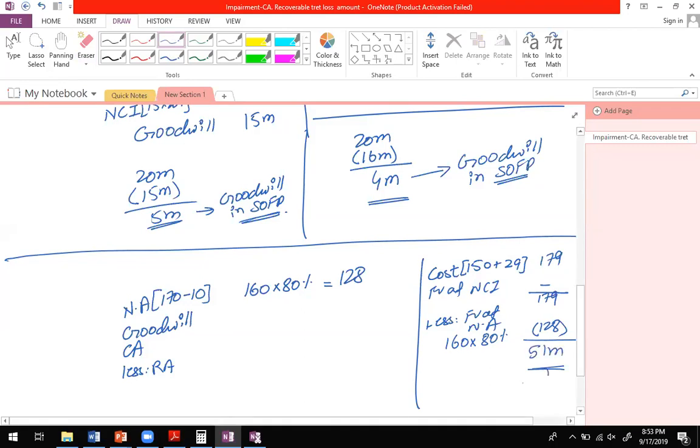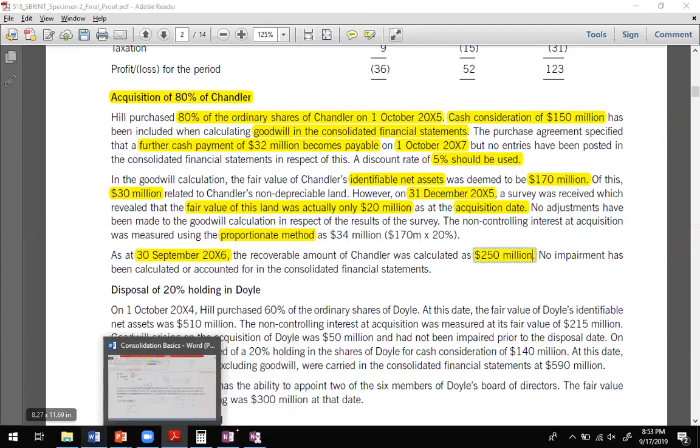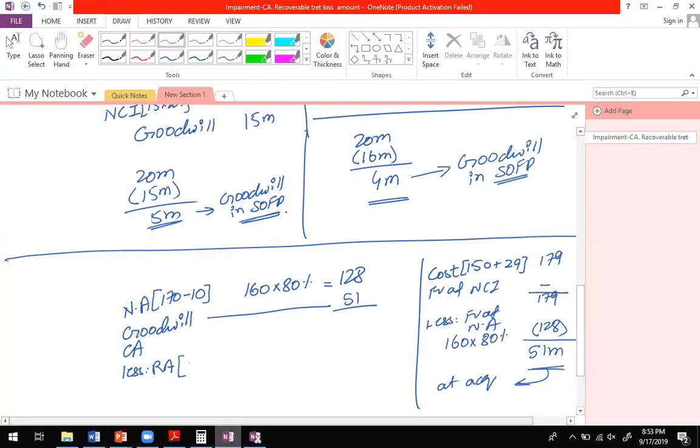Now these are the values at which date? At the date of acquisition. So the goodwill that we have calculated is 51. And the recoverable amount mentioned in the question was 250 million. So we are going to take 250 million into 80%, which is going to be $200 million.